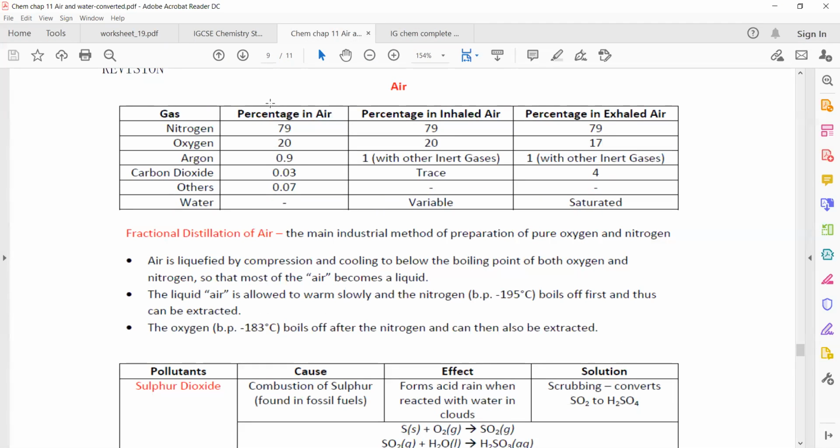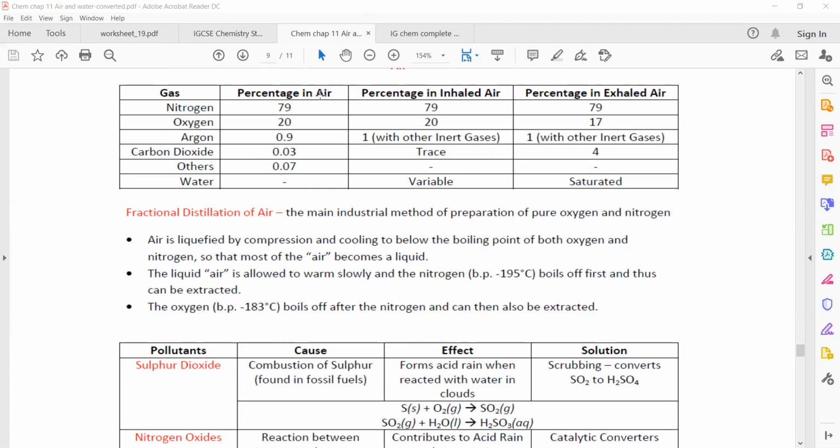Only the composition, for example: nitrogen about 79%, oxygen 21%, argon 0.9%, carbon dioxide 0.03%, other gases 0.07%, and water vapor, which is variable, it does not have any fixed proportion.